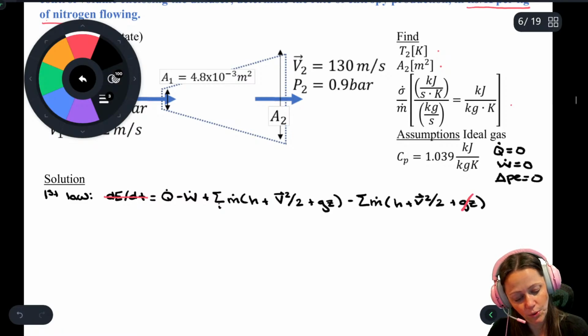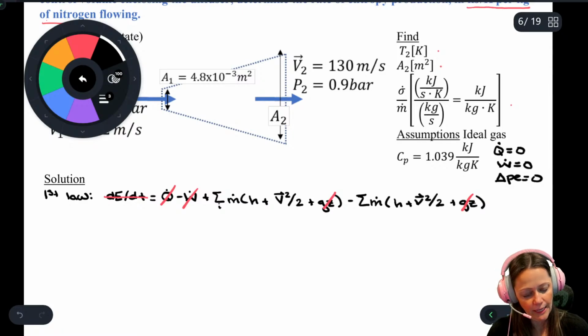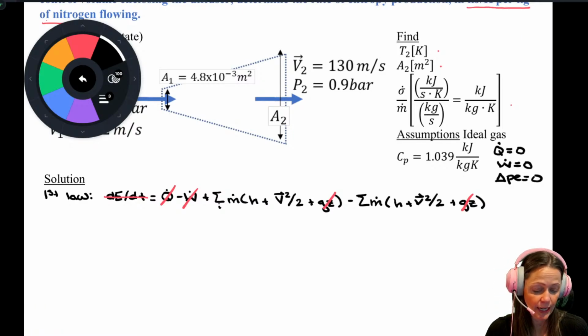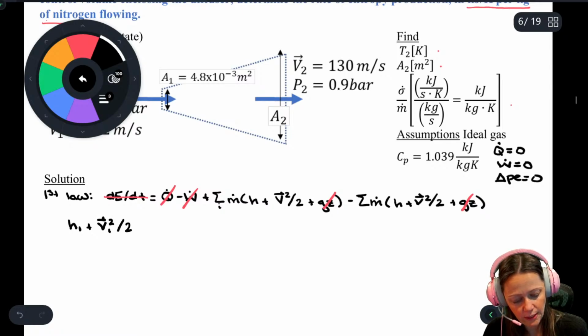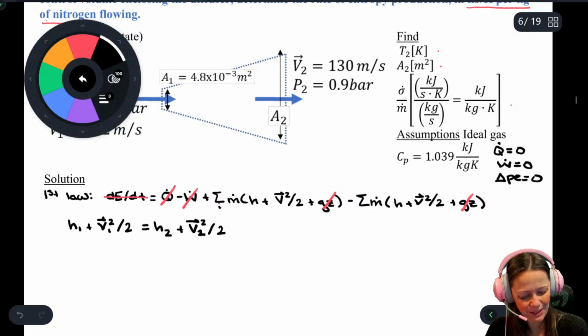I will cross those out. My m dots cancel because I've got one inlet and one outlet. And so I should have H1 plus V1 squared divided by 2 equal to H2 plus V2 squared divided by 2.